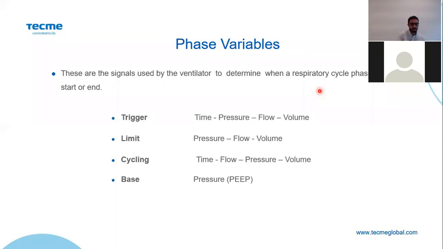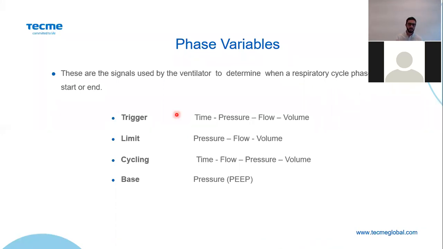So the definition is: they are the signals used by the ventilator to determine when a respiratory cycle phase must start or end. What does it mean? It determines when the inspiratory phase starts, when the inspiratory phase ends, and so on.